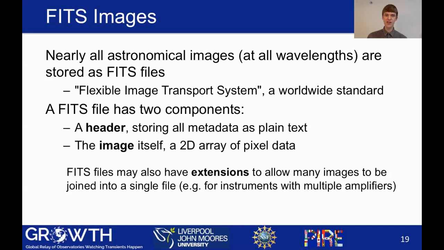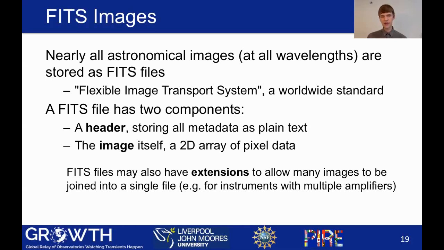A FITS file has two components: a header, which stores metadata associated with the observation, such as the position on the sky, the name of the object being observed, the filter that is within the beam, the name of the observer and the name of the observatory, and various other bits of information that you may want to know. It's stored at the start of the file in simple plain text.